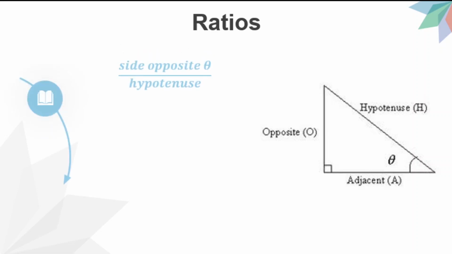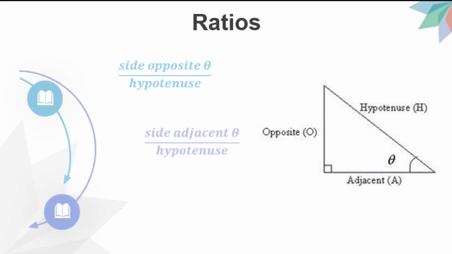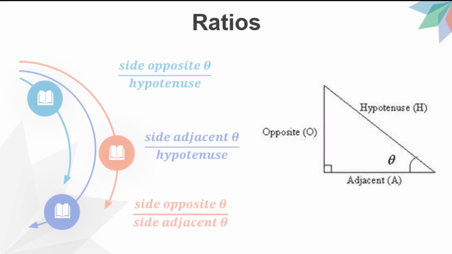When we get the ratio of the side opposite theta to the hypotenuse, then we will also get the ratio of the side adjacent to theta over the hypotenuse, and the ratio of the side opposite theta and the side adjacent to theta.